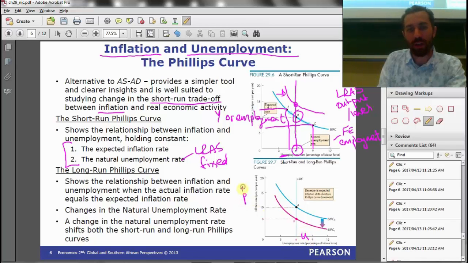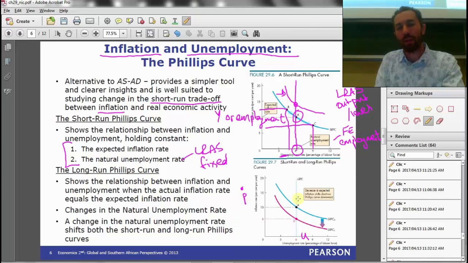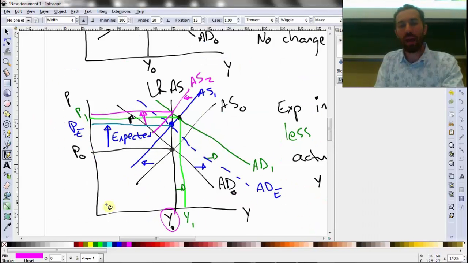Inflation rate we can show mathematically just as P dot. That's just maths lingo for a change in prices. So we've got a relationship between unemployment and price level that is negative, and the aggregate supply curve in the short run is a relationship between employment and price level, which is positive. The inverse of employment is unemployment.